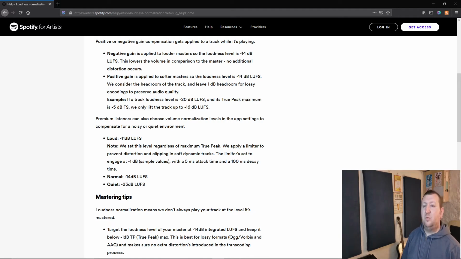Would I not target -11 and then make sure it sounds good at -11? And if they turn it down to -14, it will sound good at -14. If they turn it down to -23, it will sound good at -23. It sounds counterintuitive to use -14 as your target, but then allow people to listen at -11, knowing that they're going to apply a limiter, which may cause some compression. Certainly food for thought, and something I'll be digesting.